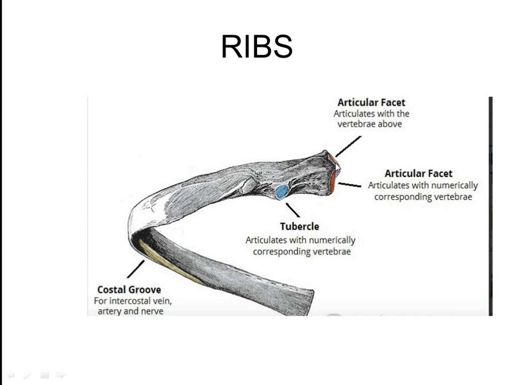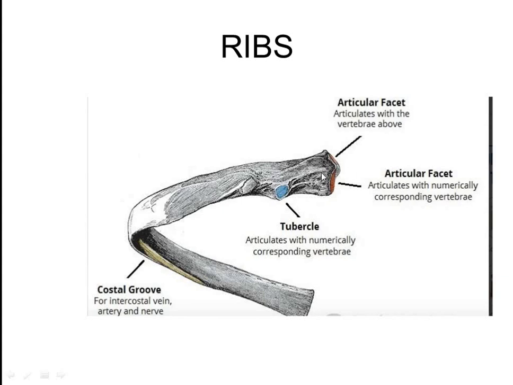In this, you can see that this is the head of the rib, this is the neck of the rib, and this is the tubercle of a typical rib, which is not there in the 11th and 12th ribs. The head of the rib has two articular facets. The lower facet articulates with the numerically corresponding vertebra.